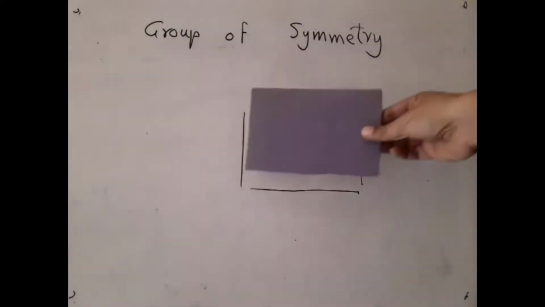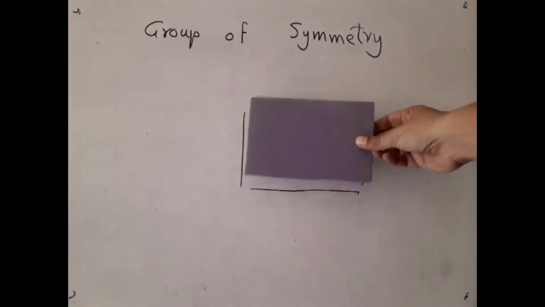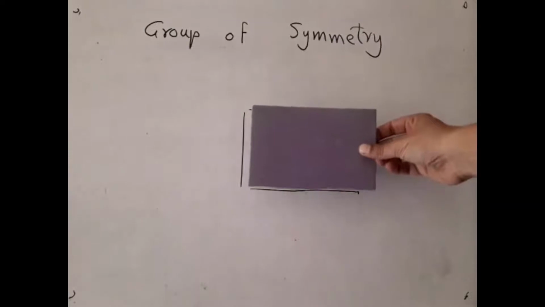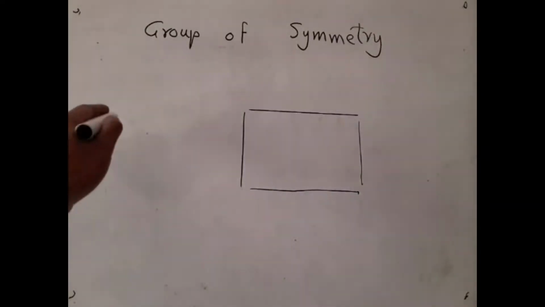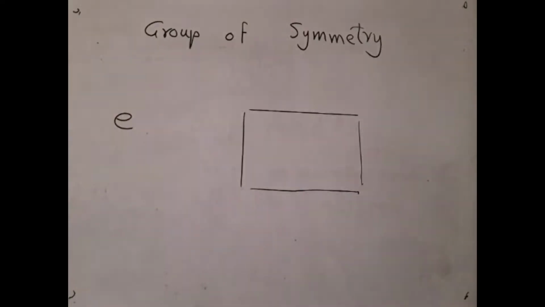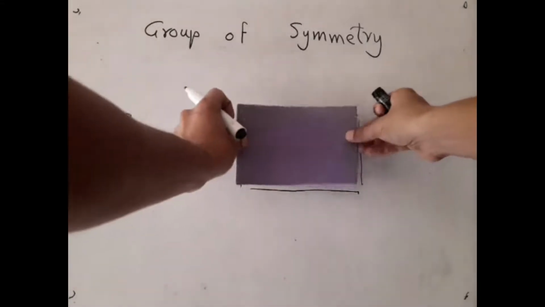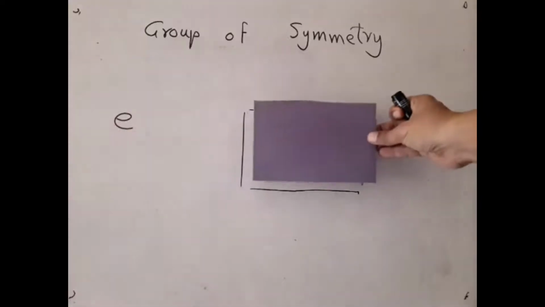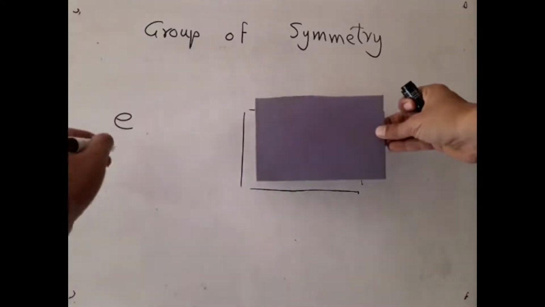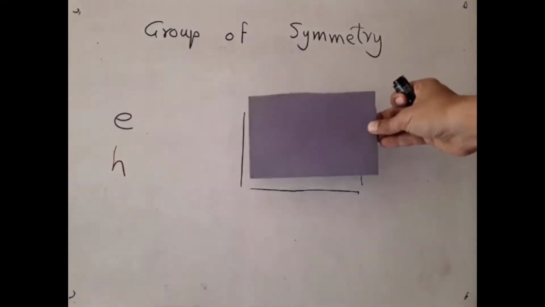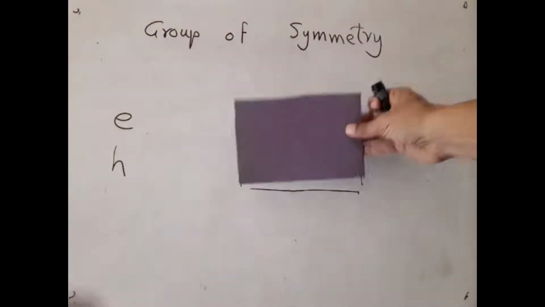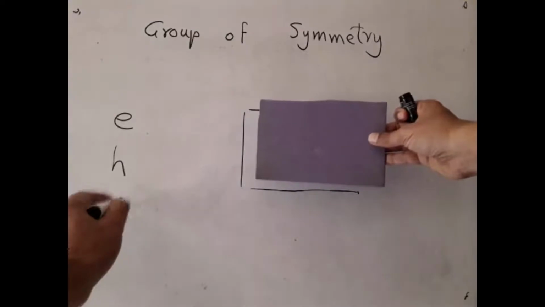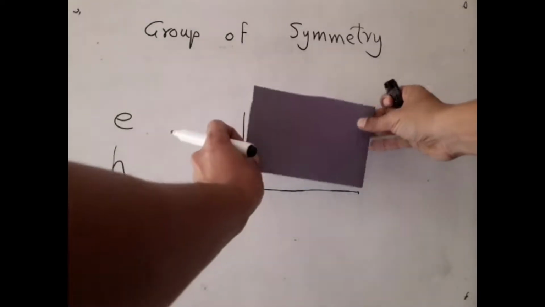So I first take a rectangle and fit it there. So if I just fit it directly, that is my identity element, which I shall again denote by the letter E. Now what I can do is that I can take this and flip it horizontally and fit it back again. Let me give it a name, call it H for horizontal. I can do the same thing but vertically, flip it like this, and that will give me V. I can rotate it.